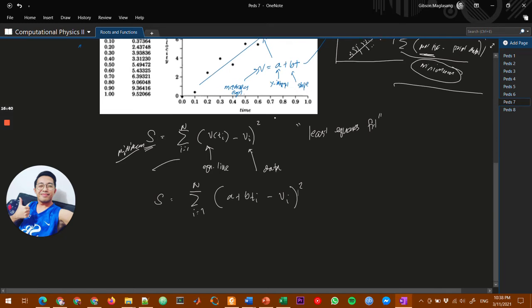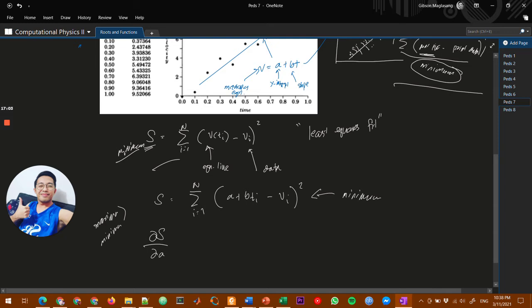Now, to make this minimum, we have to make this minimum ang iyang sum of squares. We have to take the derivative, right? Nakaagi naman siguro mo ani, kasi this is maxima minima nga problem. Maxima minima nga concept.